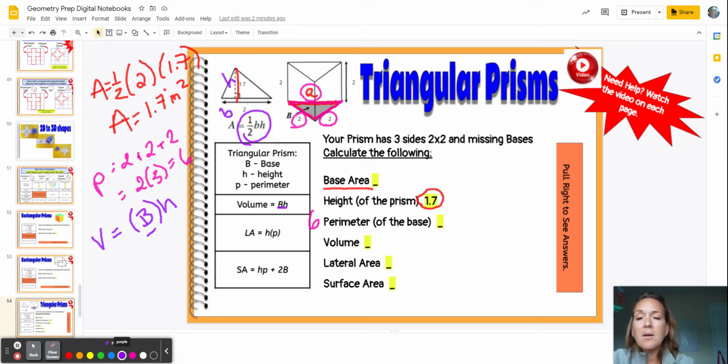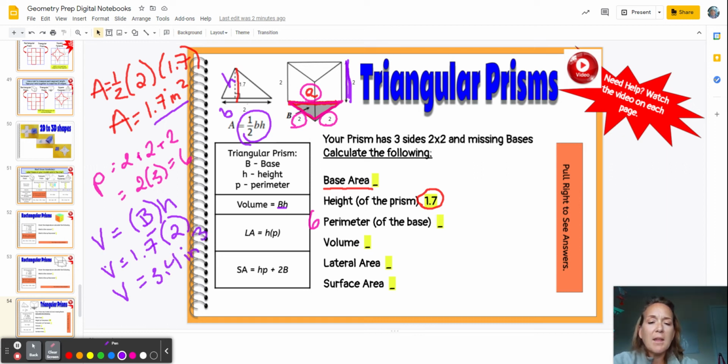So our area was this 1.7. So volume is going to be 1.7 times the height. And here, that's not the height of the triangle. That's the height of that whole prism. So it's going to be 1.7 times 2. I think that's 3.4. B equals 3.4. That's going to be inches cubed. And we're going to check that.